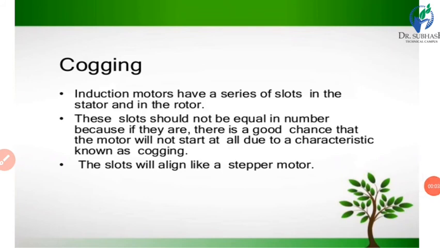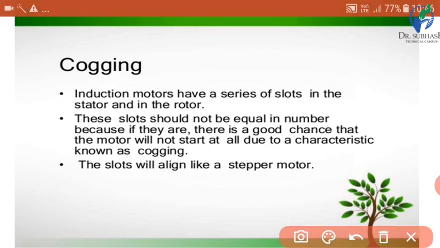Induction motors have a series of slots in the stator and in the rotor. These slots should not be equal in number, because if they are, there is a good chance that the motor will not start at all due to the characteristic known as cogging. So cogging is nothing but the motor not starting, particularly at some reduced voltage.